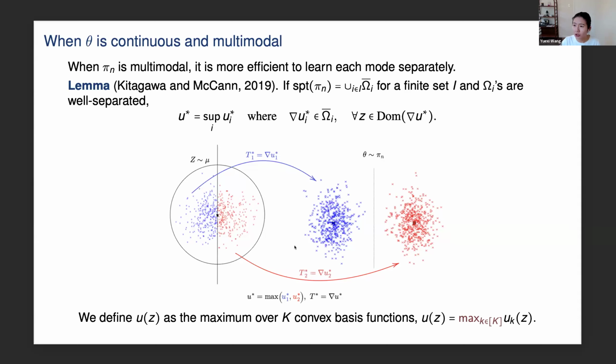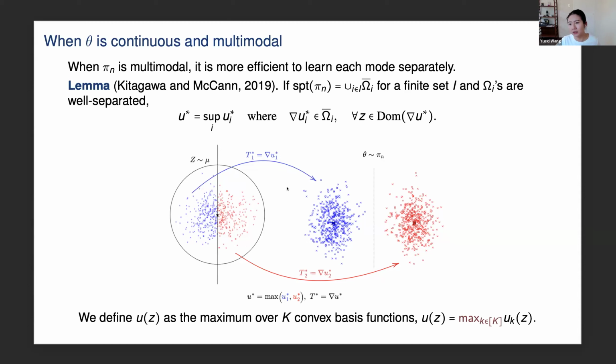But based on the geographical location of the two clusters, it makes sense to me that the left-hand side of my reference distribution should be pushed forward to the left cluster, and the right-hand side of my reference distribution should be pushed forward to the right cluster.